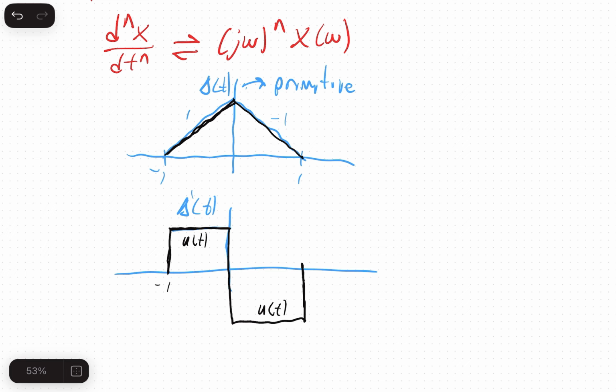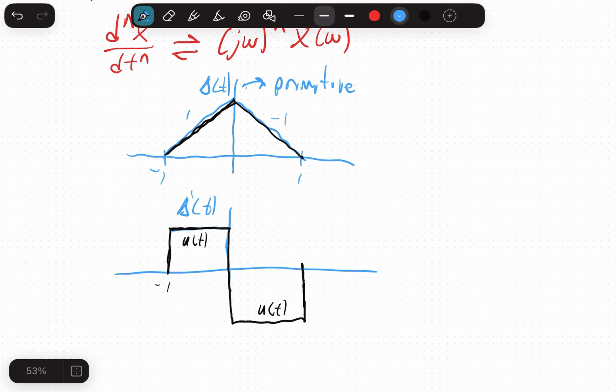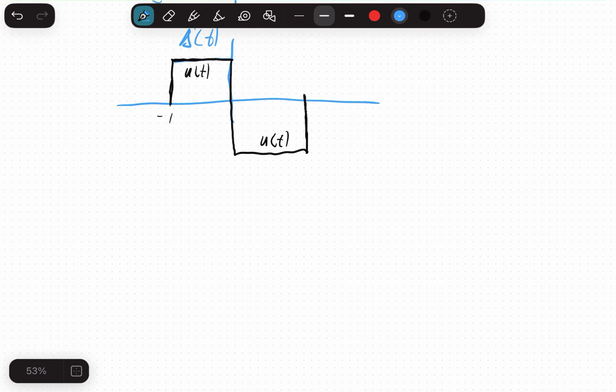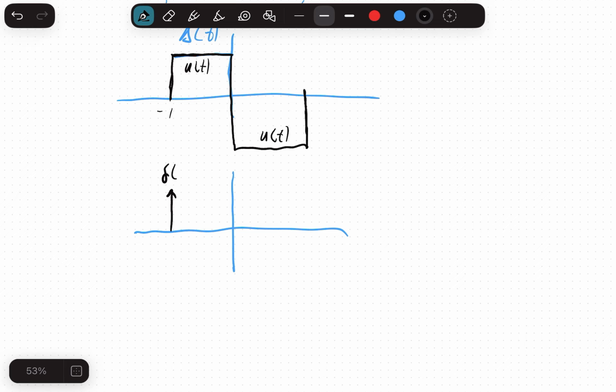So if we want to find the second derivative of the signal, then what we will see is the following. As we move here with the unit step, you will have an impulse that is happening at -1, because that's where you have a rise.